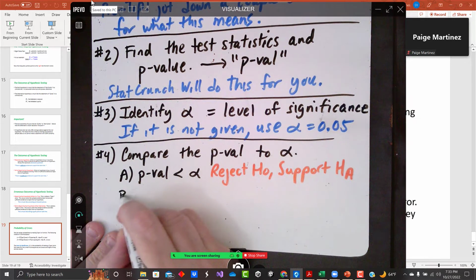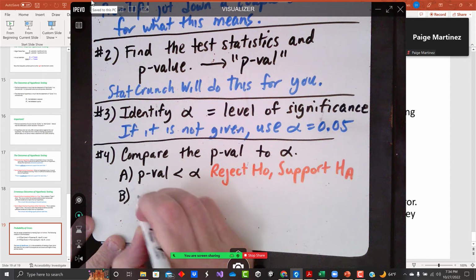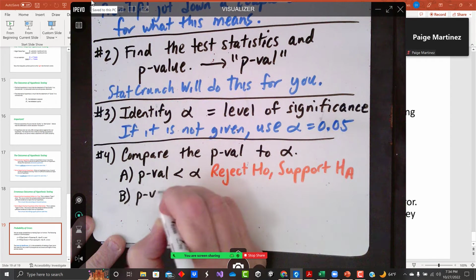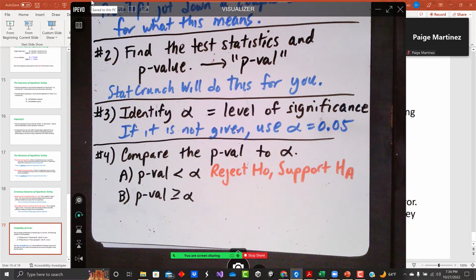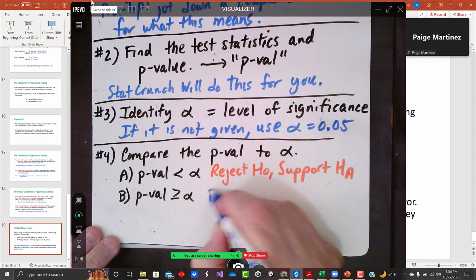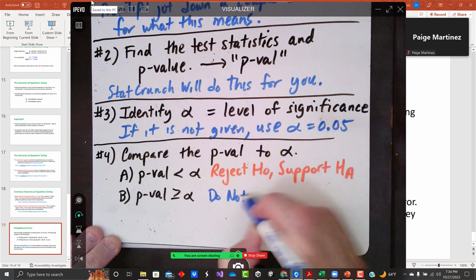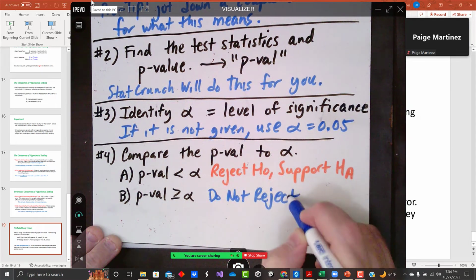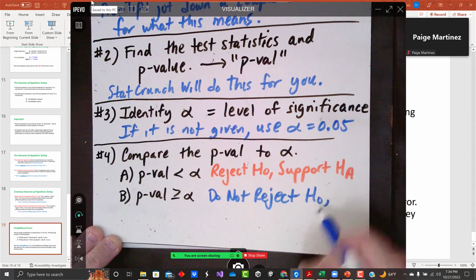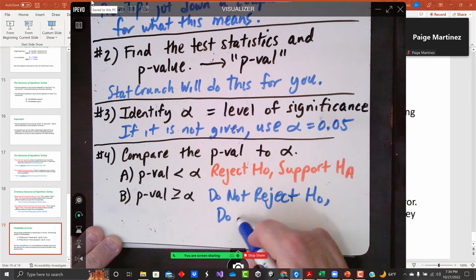The other option is if the p-value is greater than or equal to alpha. If that happens, we do not reject H naught, and we do not support HA.